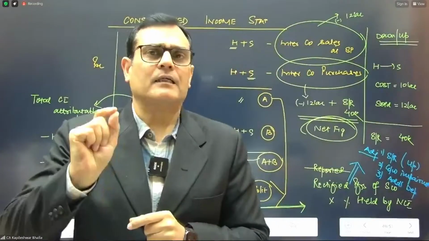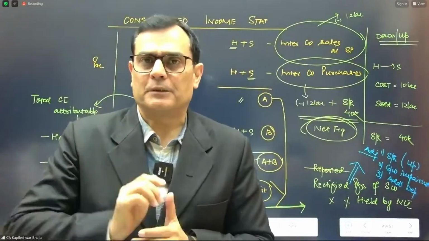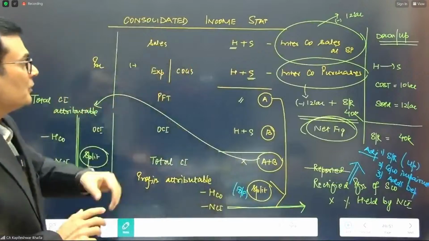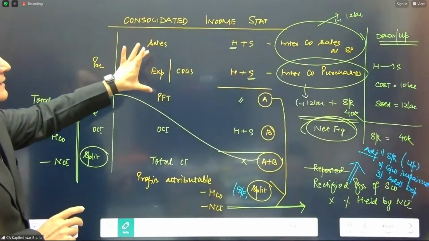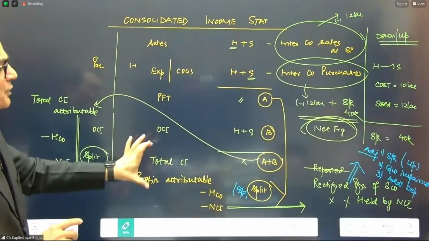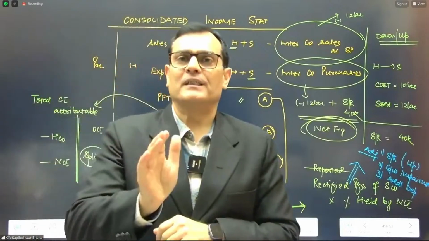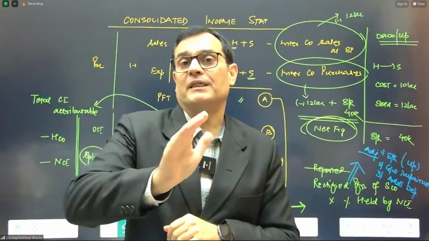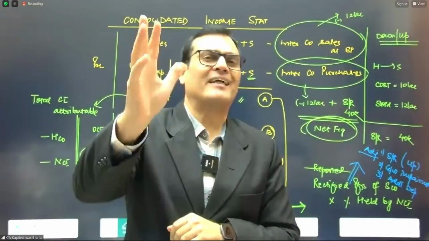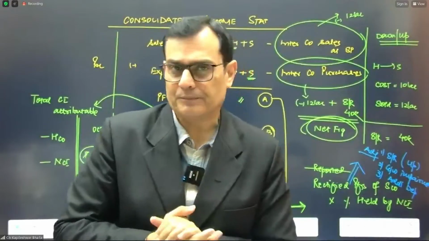So when you're making a consolidated income statement, remember, you need to consider a P&L section and an OCI section and get a total comprehensive income. When you consider the P&L section, if there is any intercompany sale and purchase, forget about the fact it is upstream or downstream in nature.